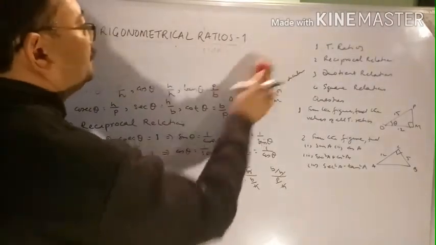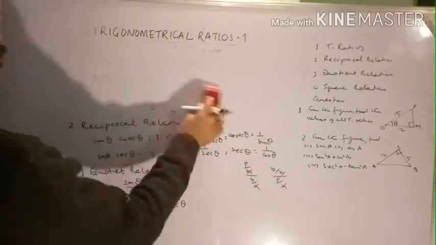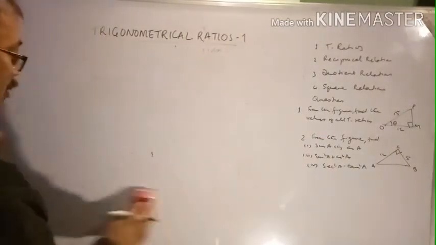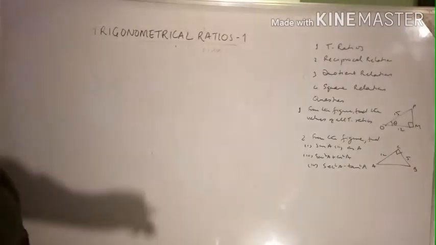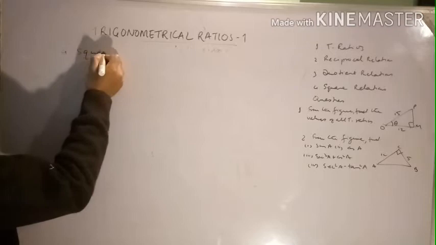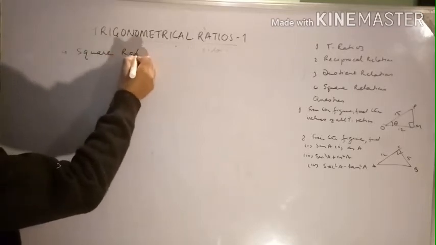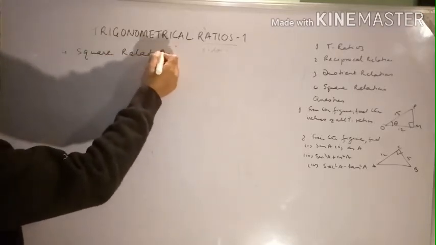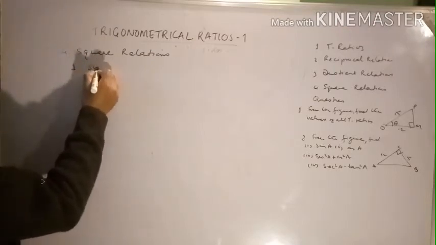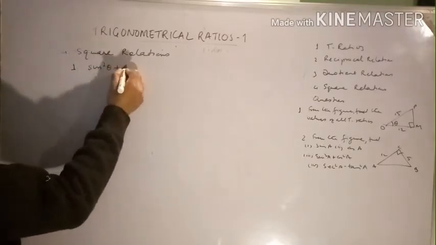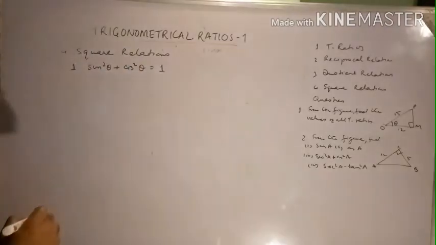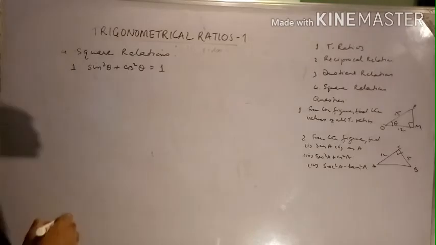Now we take a very important set of formulas called square relations. Number 4, square relations. Number 1, sine square theta plus cos square theta, the value is 1.